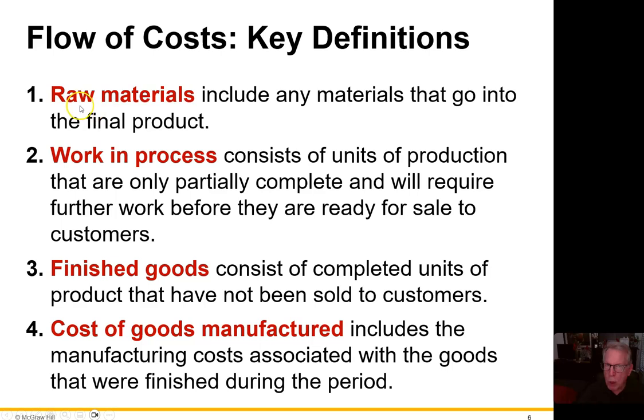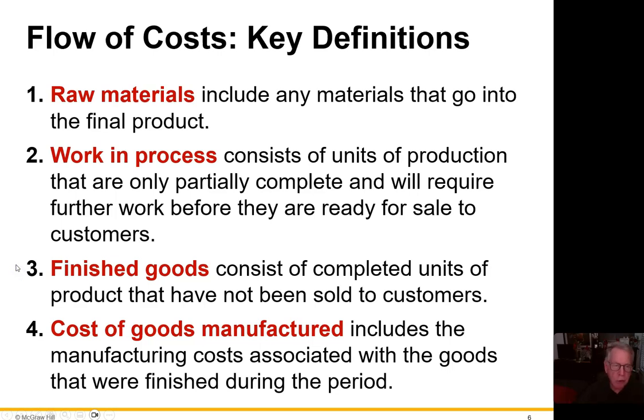So, more key definitions. Here are raw materials. Those include any materials that go into the final product. And work in process, that consists of the units of production that are only partially complete and will require further work before they're ready for sale to the customers.